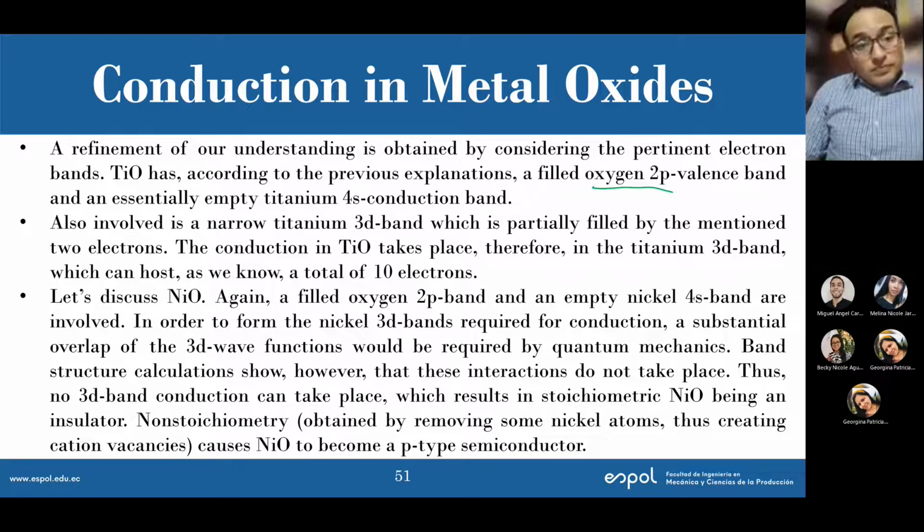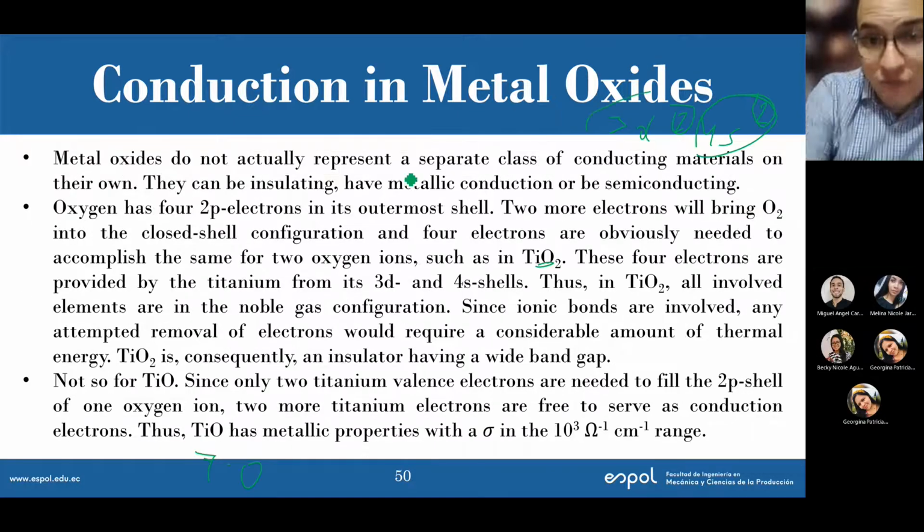But the 4s conduction band in titanium is now empty. Now, if I look at the 3d band of titanium, I know it's partially filled because it has only 2 electrons, and these are the 2 electrons that are free there.